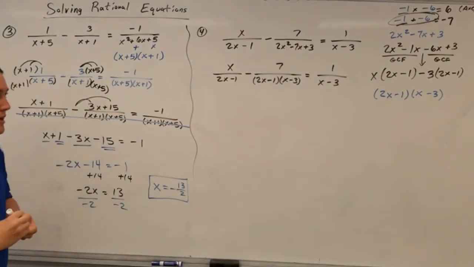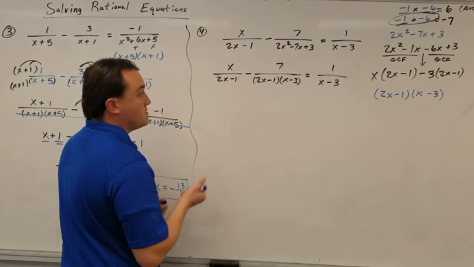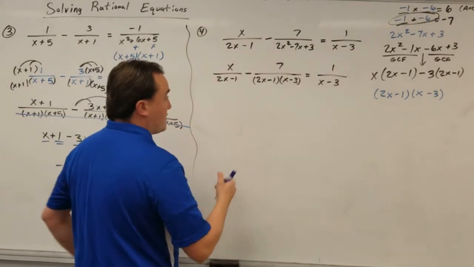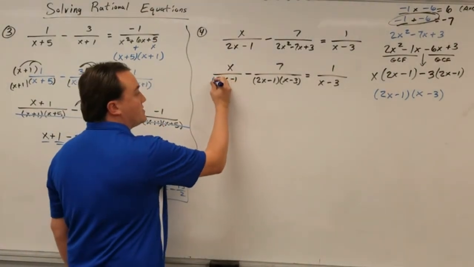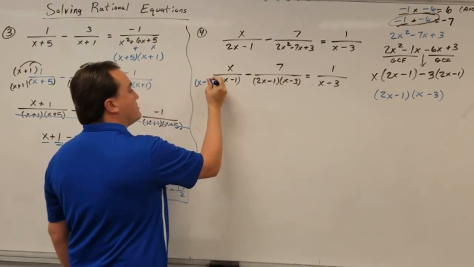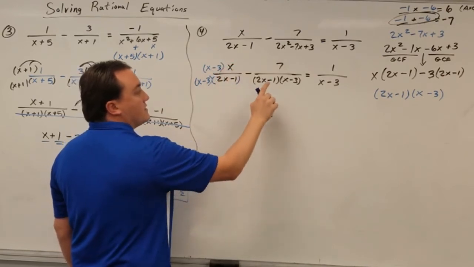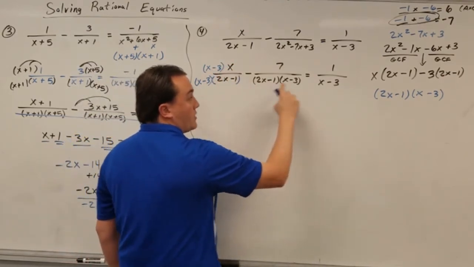Now we need a common denominator, so we can combine these together. And use our trick to throw out all the bottoms to make this a lot easier. So we times this one by x minus 3. And this one by 2x minus 1.